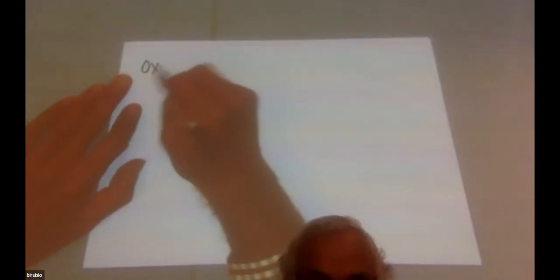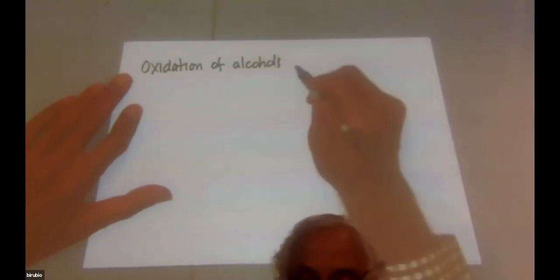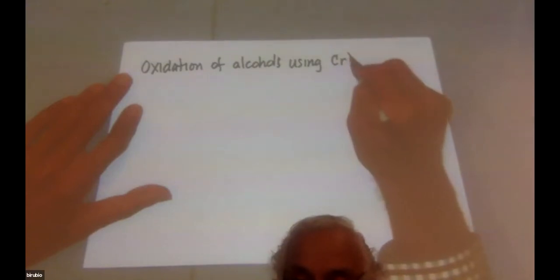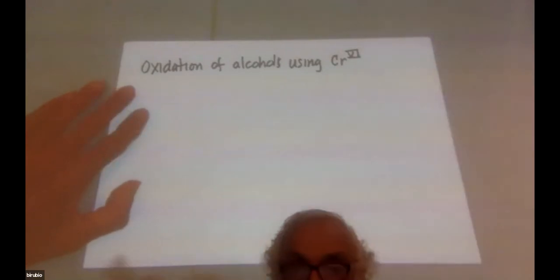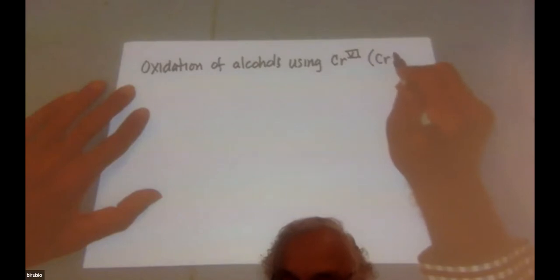Okay. So with all of that out of the way, now we're ready to talk about our first oxidation of an alcohol reaction, which is chromic acid. This is oxidation of alcohols using chromium 6 reagents, and we could also write this chromium 6 plus.